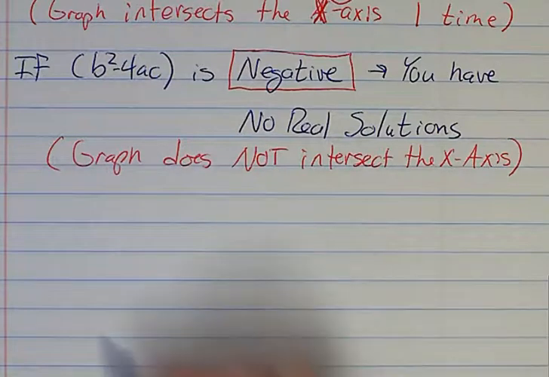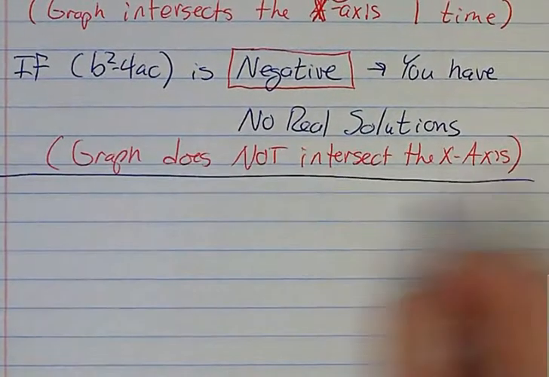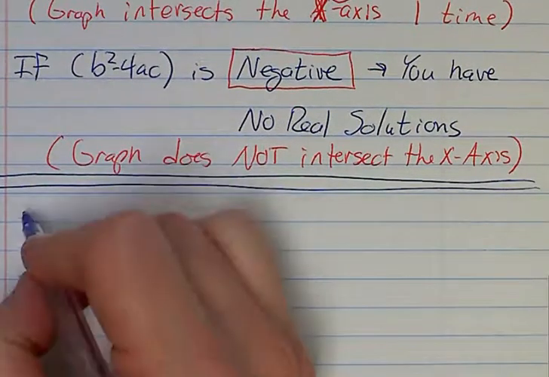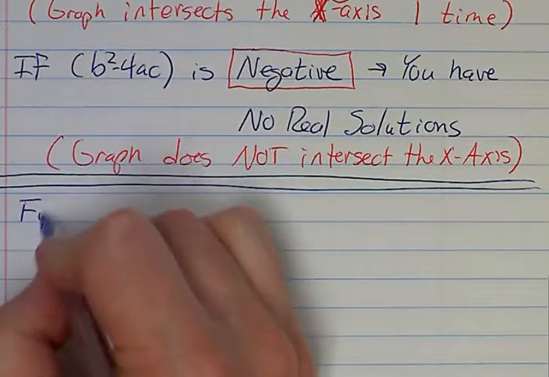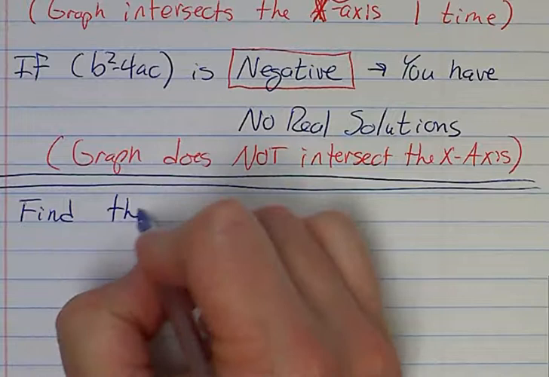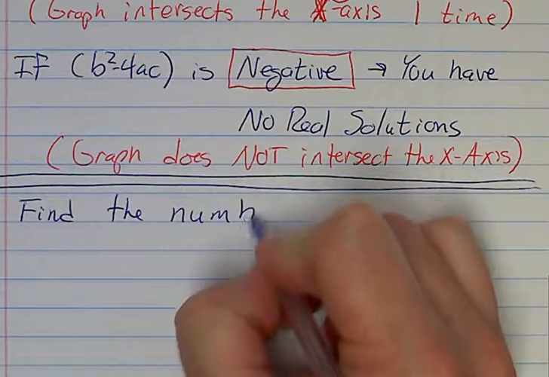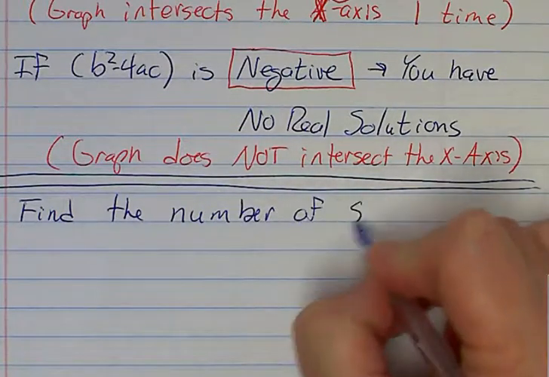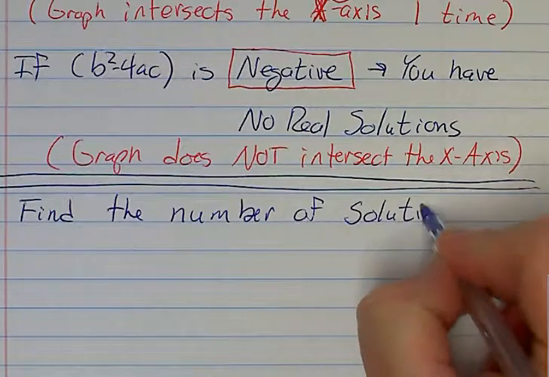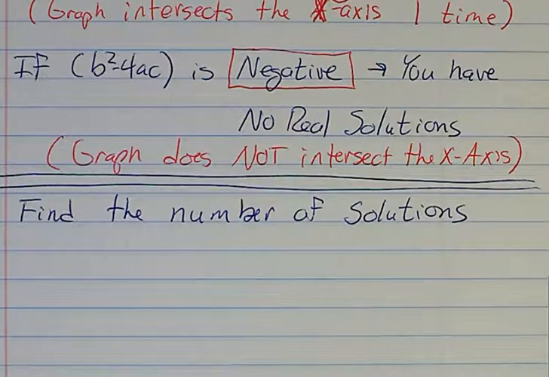Okay, so here we go. Here's for the examples we've got to do, here's the directions on it. So it should say something like this. Find a number of solutions using the discriminant.